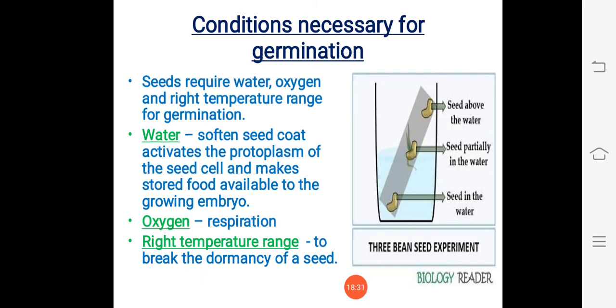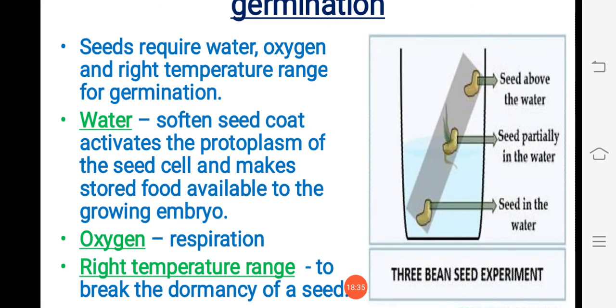You could see the second seed grow fast because it has water, oxygen and right temperature range, so it can grow, whereas the seed inside the water will not get the favorable temperature, so it cannot grow.